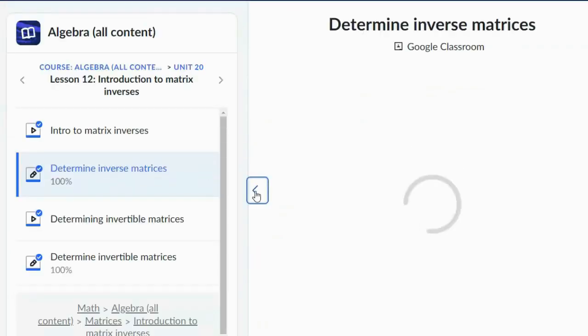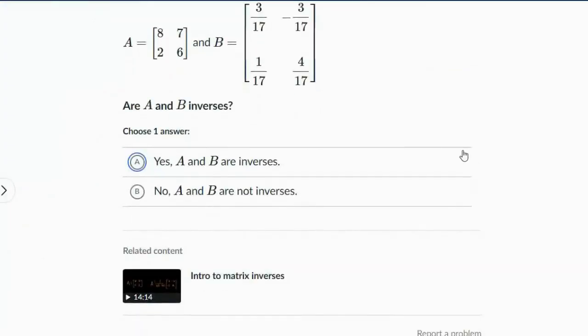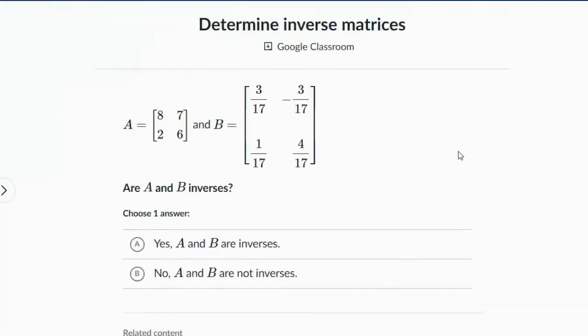Because when I was looking at this yesterday, some of these problems are a little different than what he just showed. Okay. Here they've given us, we're not calculating what the inverse is. That's not the problems they're giving us. They're giving us a matrix and another matrix, and they're saying, are they inverses? So is matrix B the inverse of matrix A?